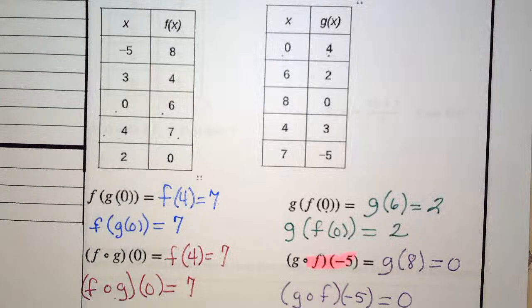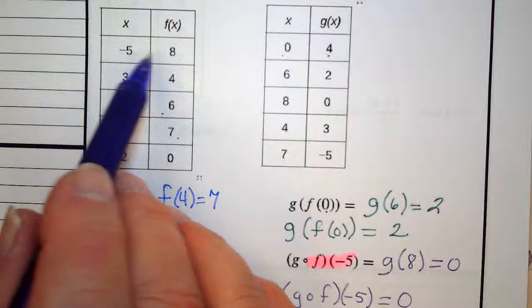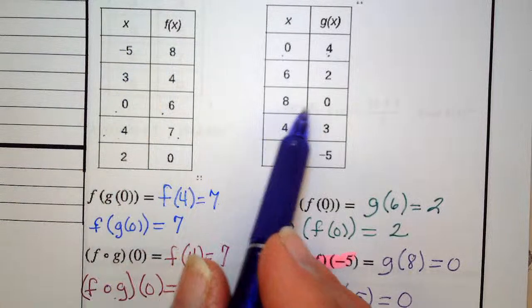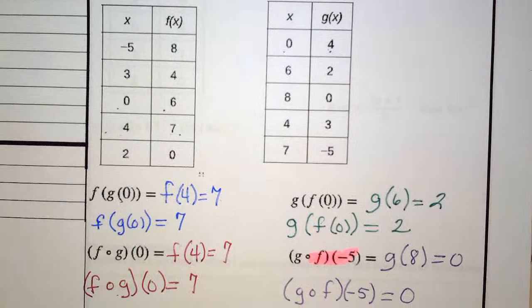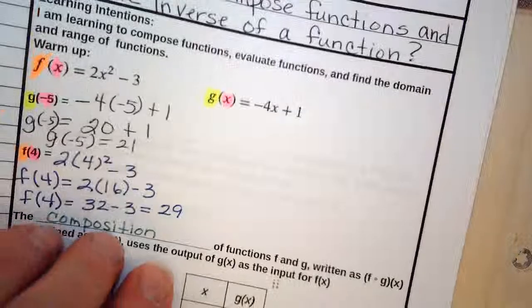This is the same as the first one. I'm going to start with f of -5. -5 goes to 8. 8 goes to 0. You are jumping back and forth between the two tables. So it's just bouncing you around. You have to know where to start and how to continue. So if we've got tables, we go back and forth.